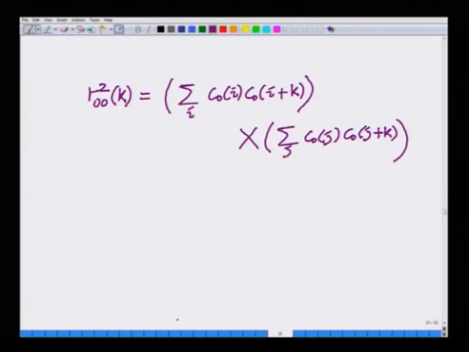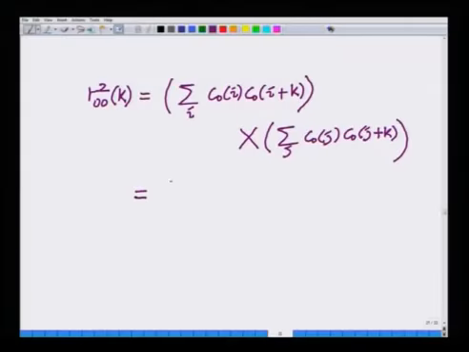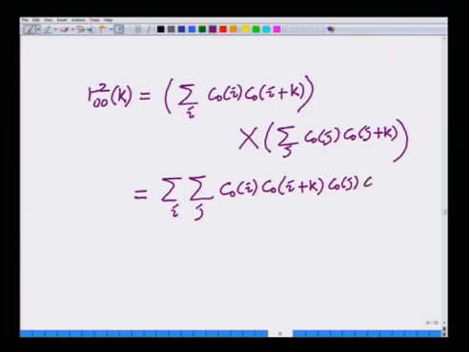Alright, I am taking two R 0 0 terms, multiplying them with each other. These i and j are simply summation indexes, so do not get confused with them, they are simply the same term represented by different summation indexes, and I will write them as a double summation over i, summation over j, C 0 i C 0 i plus k C 0 j C 0 j plus k. Alright, this is R 0 0 square of k.